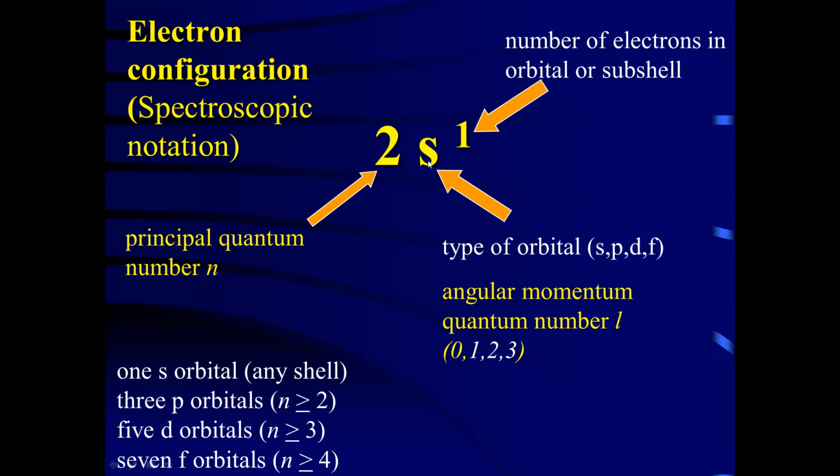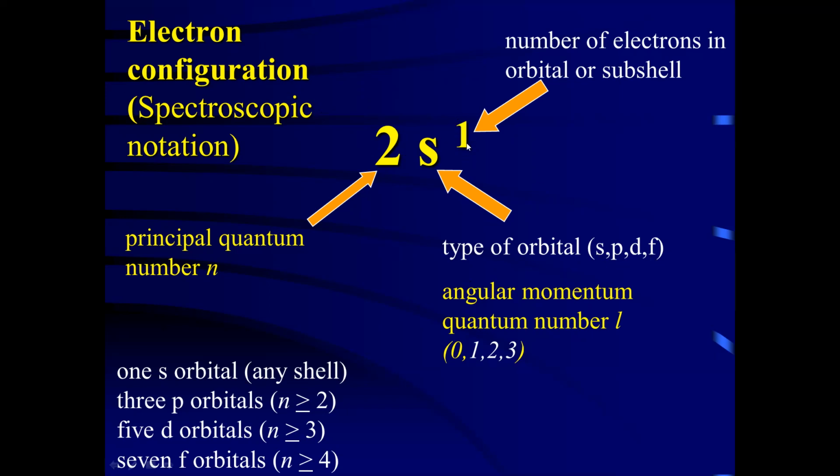The letter tells us the type of orbital. For example, it's p or d or f or s orbital. That is determined by the angular momentum quantum number. Like we said, when this L has different values from 0 to 1 to 3, the names are s, p, d, f.